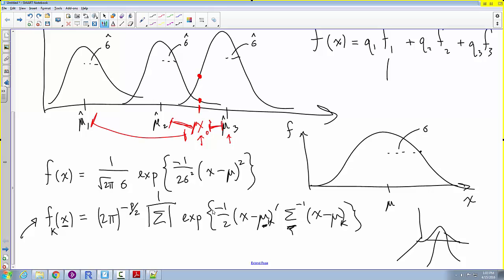That's equivalent to asking which of these mu hat k's x is closest to. So we could compute a distance. Turns out we don't use a Euclidean distance because of the issue of differences in scale, possibly. So there's a statistical distance that's used.